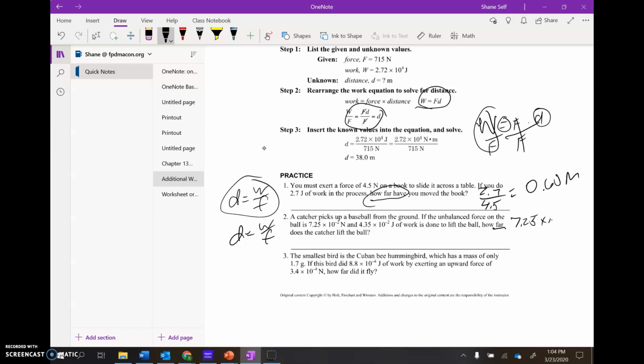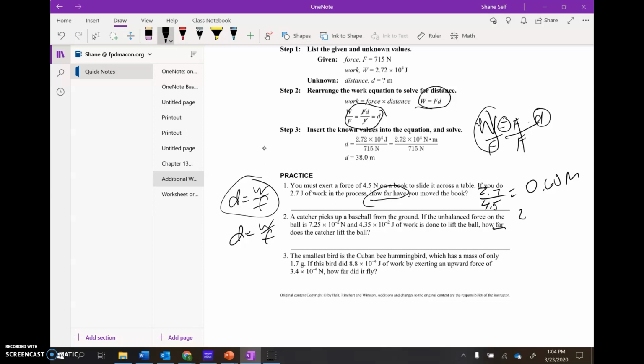7.25 times 10 to the negative second divided by, that's our force. I'm sorry, I did that backwards. Hang on. I do not know how to erase still. All right, there it goes. Sorry. Our work goes first.